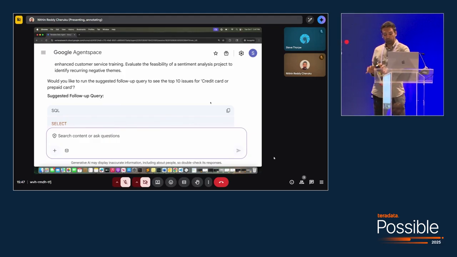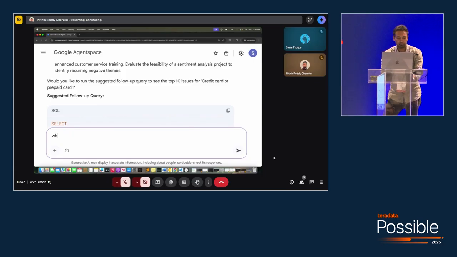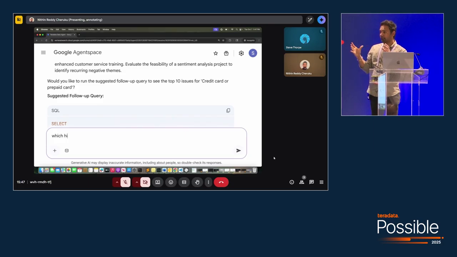But I'm going to ask a very different question. Imagine I'm going back to the problem we are solving, right? My goal is to find the high-value customers and intervene so that they don't churn. Now I want to say which high-value customers, because now that I have identified credit card and prepaid card as the top complaint volume category, I want to find high-value customers within this so that I can get back to them pretty quickly.